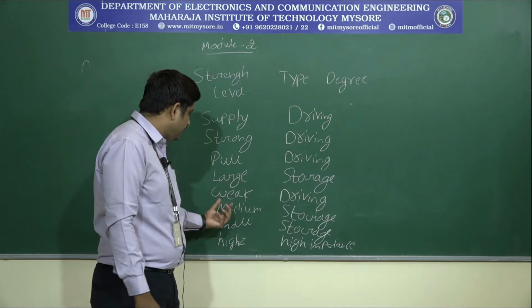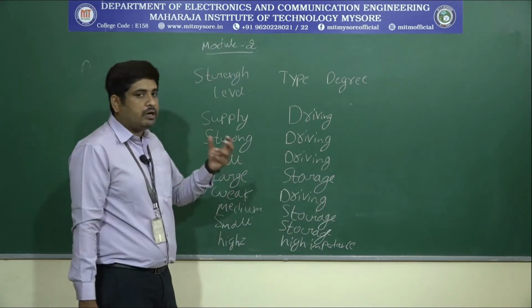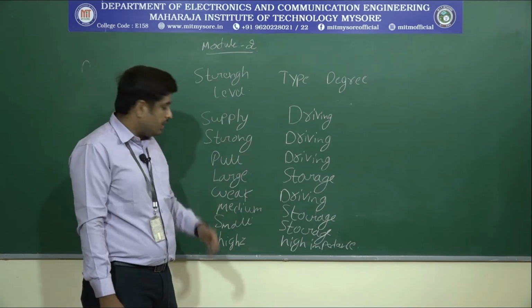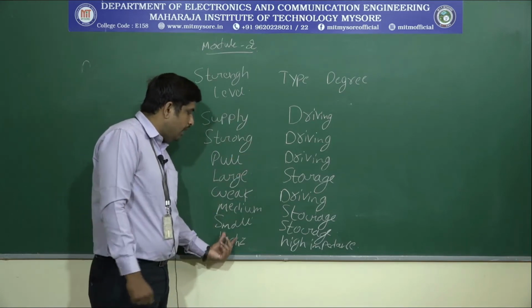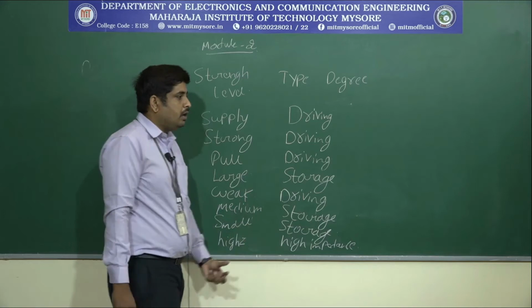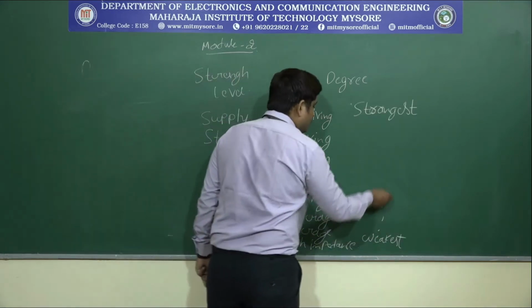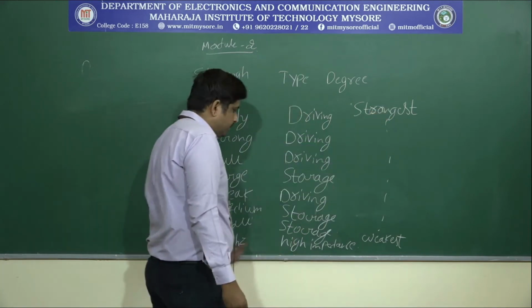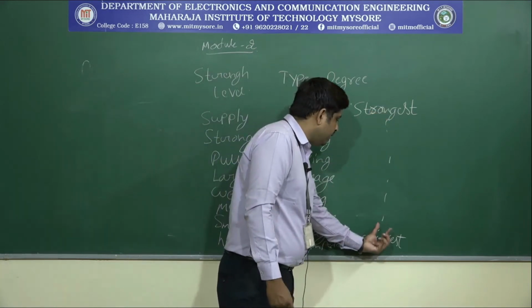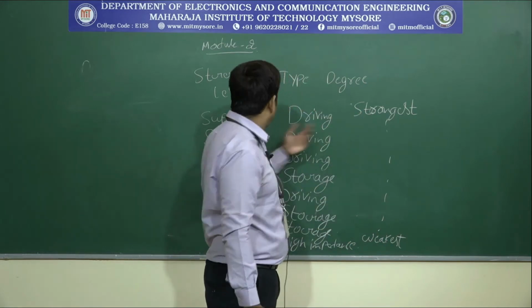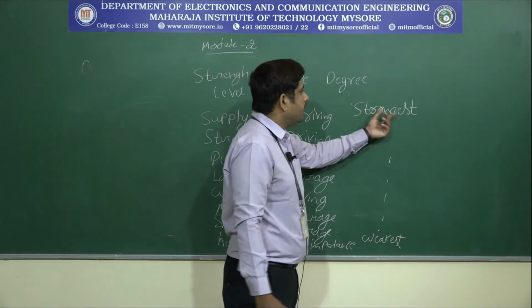A large, medium and small we store in the form of a register, that is REG, which we will discuss in later classes. Last one, high impedance. Here high impedance is the weakest degree, and the degree further increases, and after that supply is the highest degree.